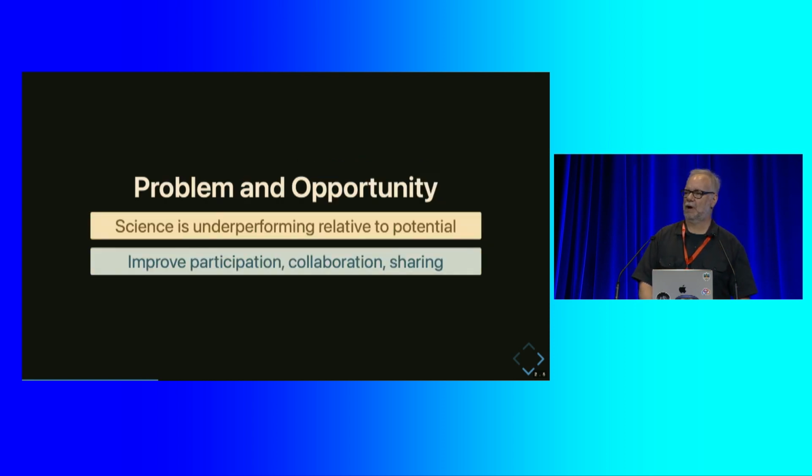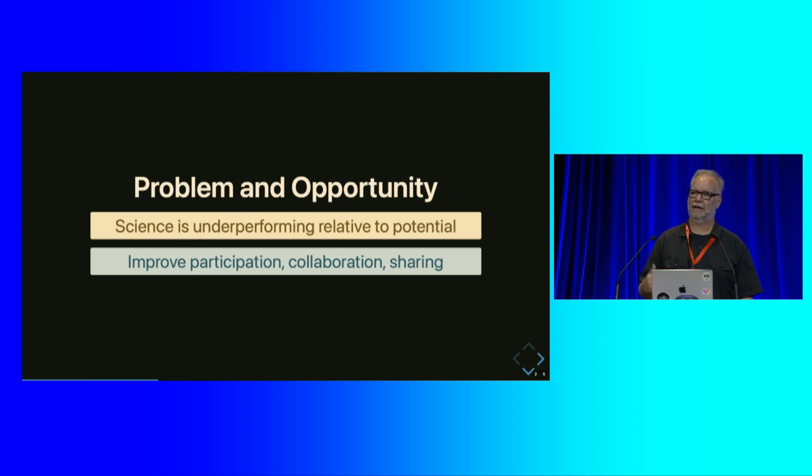There is a giant problem that seems a little strange. Science is underperforming. It's maybe never performed better than it is right now, but it's not performing at the level that it could. We have misrepresentation. We have certain groups of people that are excluded. We have problems in exchanging information. We have paywalls.